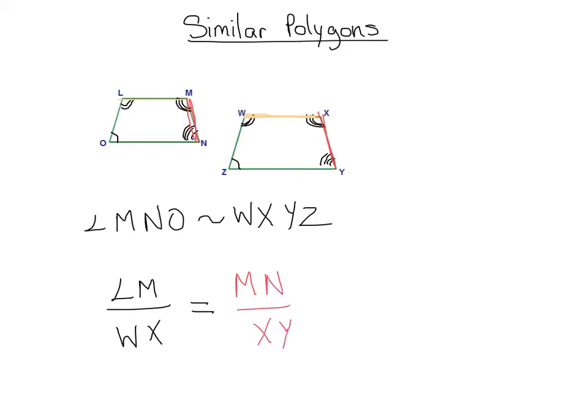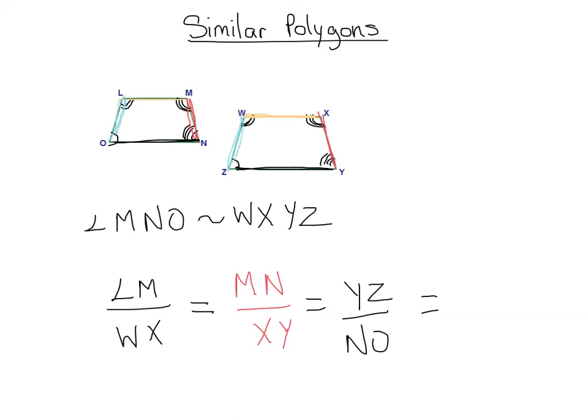And if these polygons are in fact similar, I could go again and I would get the same fraction if I put NO over YZ. And I could go one more time and say, well, how about these two right here?